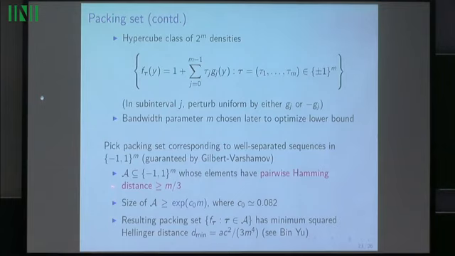Then you take the densities corresponding to those sequences, and that's your packing set. For that packing set it can be shown that the Hellinger distance is at least this. It falls as 1 over m to the 4. So it makes sense: as your m increases your d_min decreases.